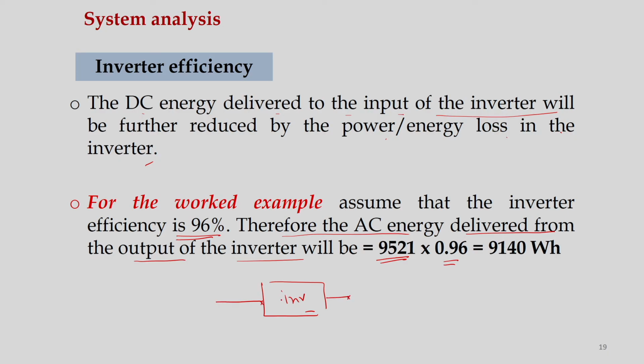The inverter efficiency is given as 0.96, which is equal to power output by power input to the inverter.